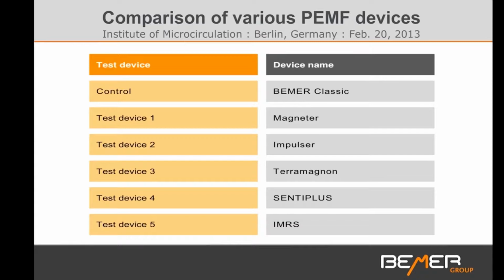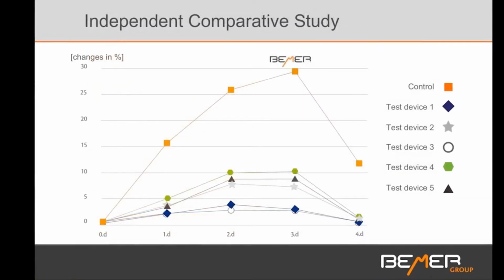And so while I cannot tell you exactly what the parameter is that we're measuring here because my hands are tied, I explained our situation with the FDA, but this is one of the graphs that represents the parameter changes possible with the use of the BEMER over the course of the 3 days, as well as the other devices, as well as on the 4th day.